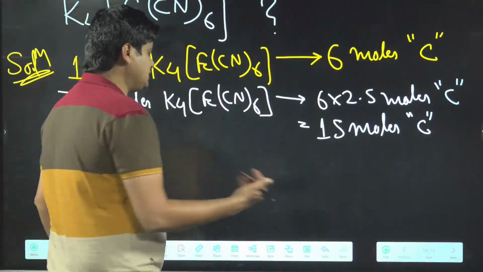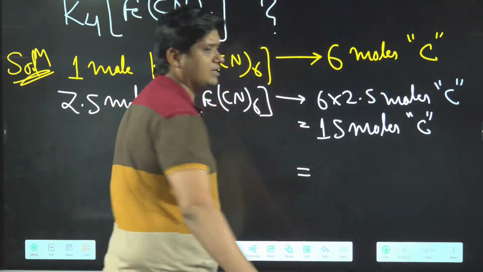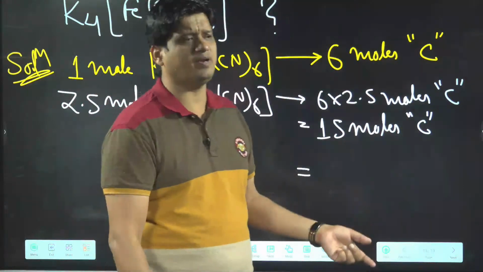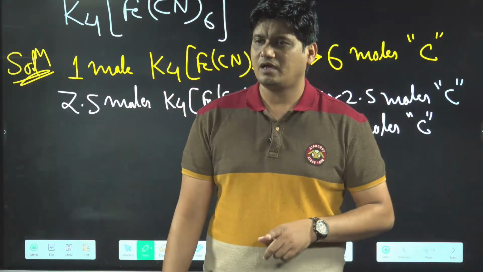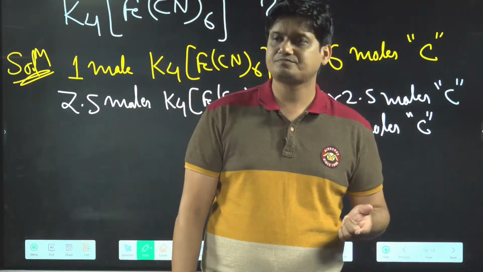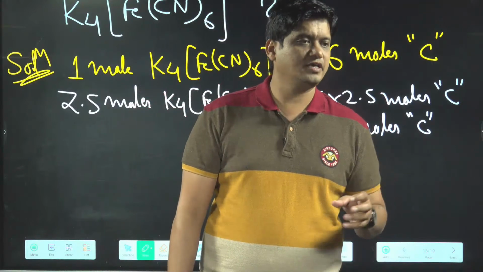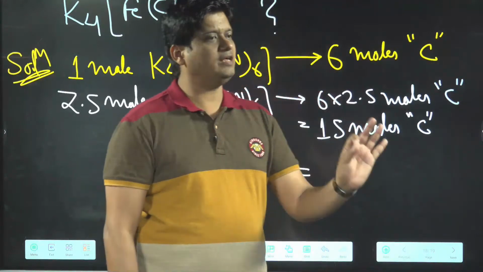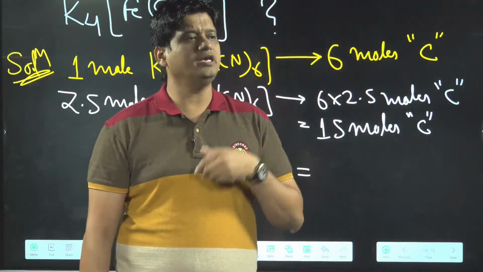Now, I'll just minimize the calculation part. Always remember one thing: whenever you want to convert mole into number, multiply it by Avogadro's number. I am repeating it slowly so you can understand it clearly.